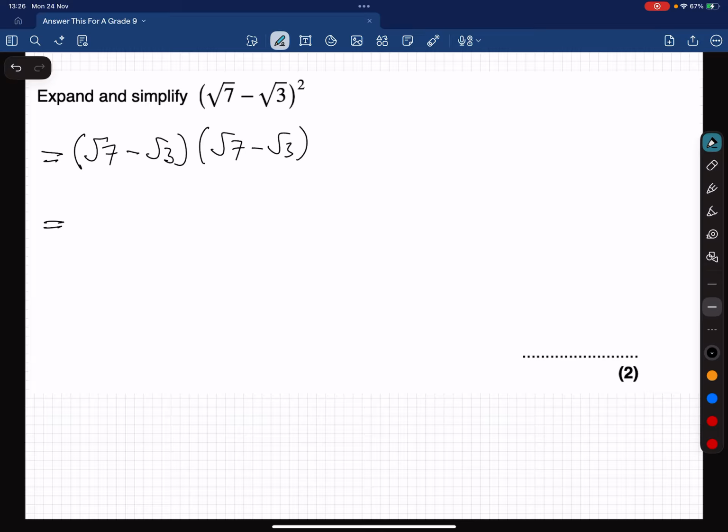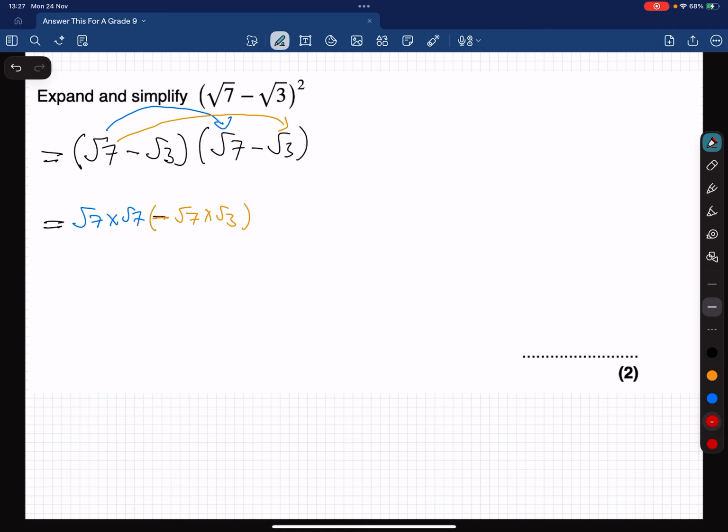And this is equal to root 7 times root 7, plus root 7 times minus root 3, so that would be minus root 7 times root 3, let's just do that for you.